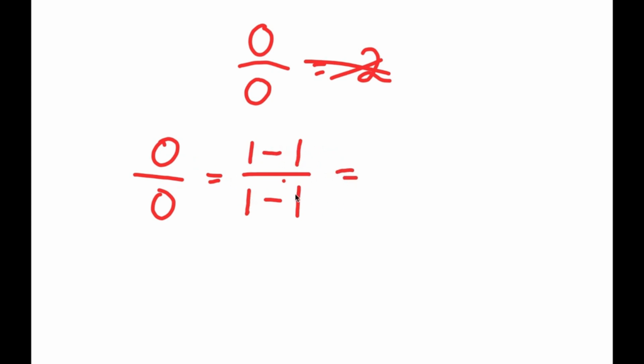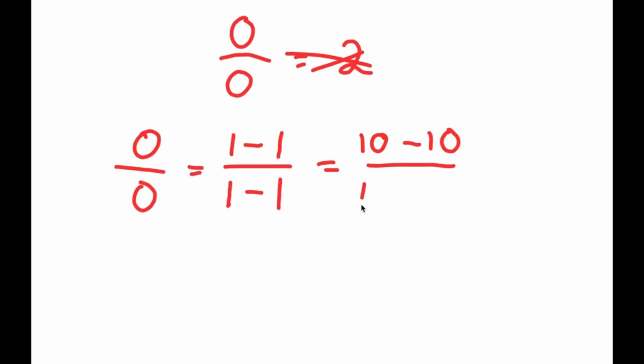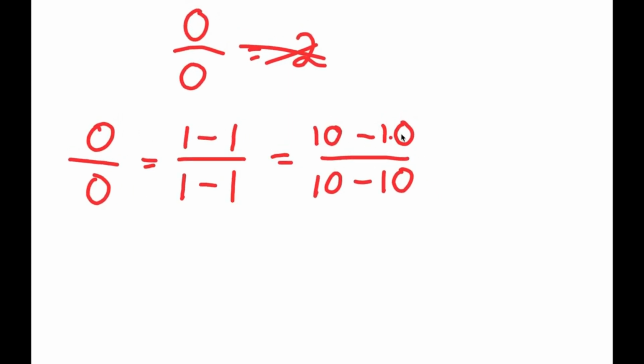Now if this is true, then this is also the same thing as 10 minus 10 over 10 minus 10 as well. So these two are the same thing. And if this is true, then this is also the same thing as 100 minus 100 over 100 minus 100.